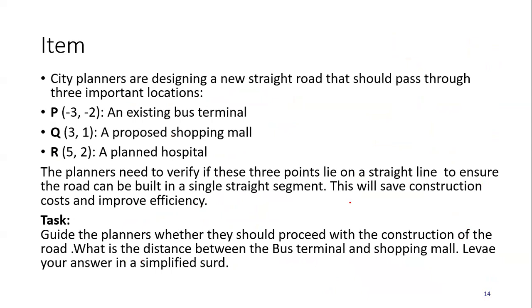So I want us to first read it through and then we start. They are telling us that we have planners designing a new straight road that should pass through the 3 points located at P, Q, and R. They need to verify whether those points lie along a straight line, to ensure that the road to be constructed passes through them.